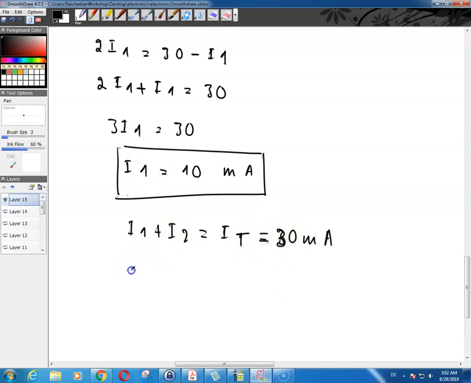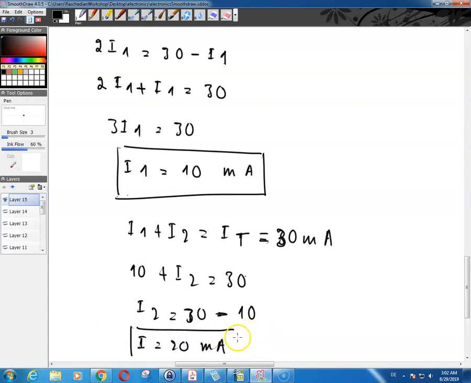So now I1 was 10 milliamps plus I2 is equal to 30. So I2 is equal to 30 minus 10. So I2 is equal to 20 milliamps. So that's I2. So that is that.